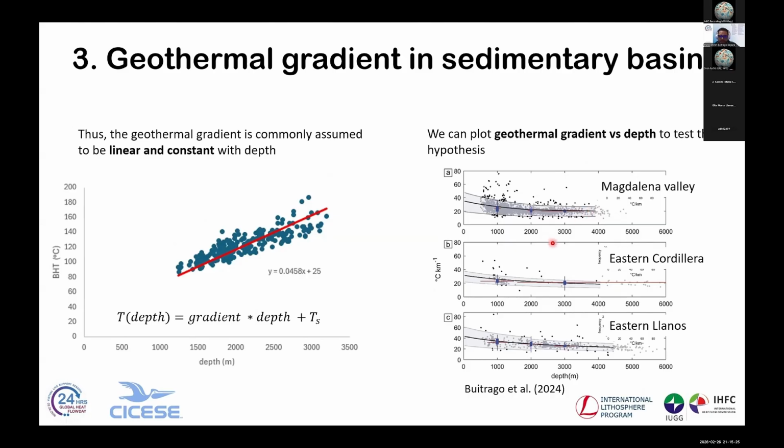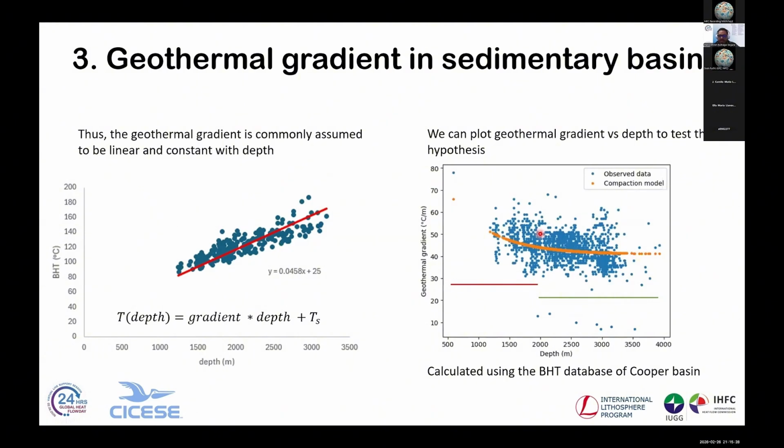We did the same using data from Copper Basin, and we saw the same distribution, a decrease of geothermal gradient with depth. In that opportunity, we defined two different zones in this plot. The first is the shallower zone, which we called the non-stabilized geothermal gradient, and the deeper part of the graph was called the stabilized geothermal gradient part.